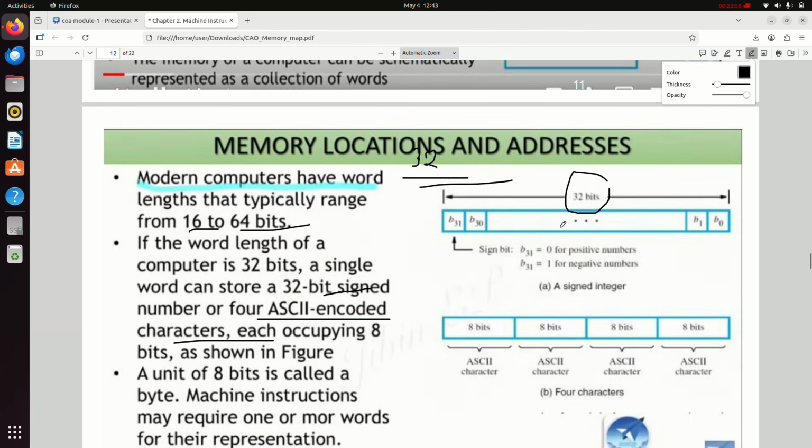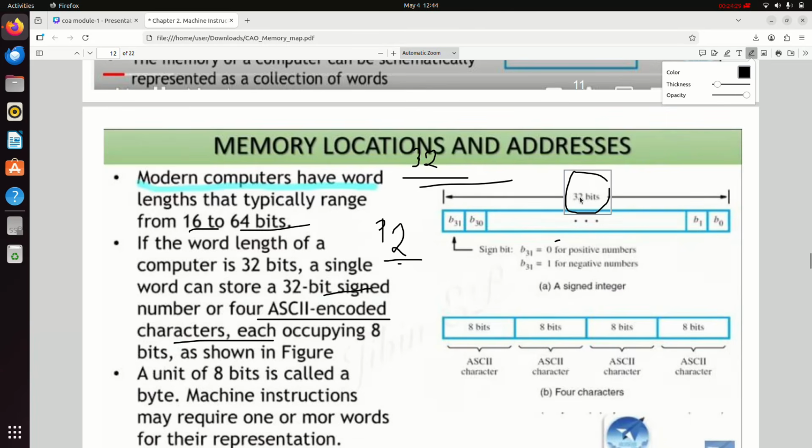That means each word can store 32-bit signed numbers. Here you have to understand one thing: the signed bit. If I have a number, let's say 12, I can represent this 12 in 32-bit signed format. The bits would be numbered 0, 1, 2, 3, like that.